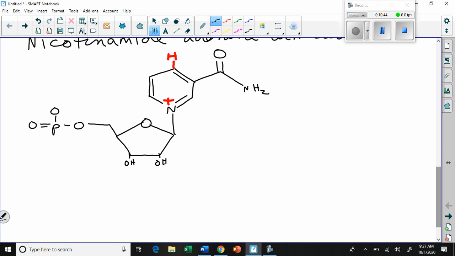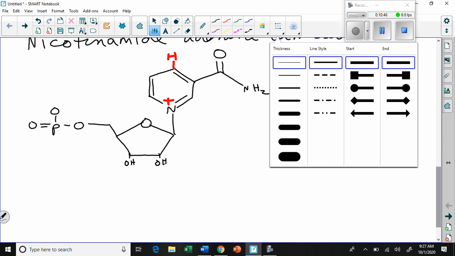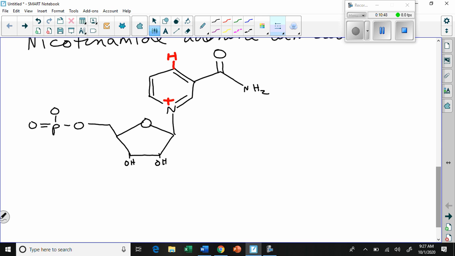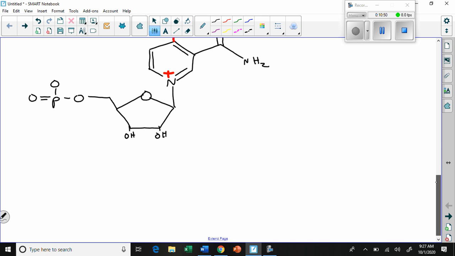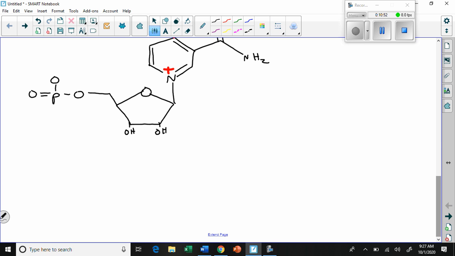Okay, so now we're going to go back to that phosphate and finish him off. But the reason I didn't draw that O in is because we have to kind of go down a bit. So I'm going to draw this to be sort of a long bond to give us some space. Maybe about that much. And then I can draw, oh, I should put the O in there though, eh?